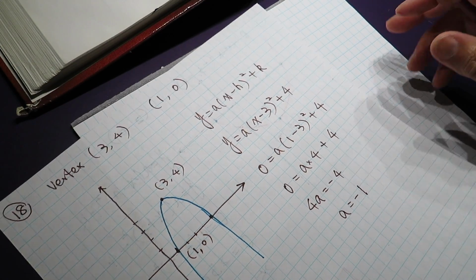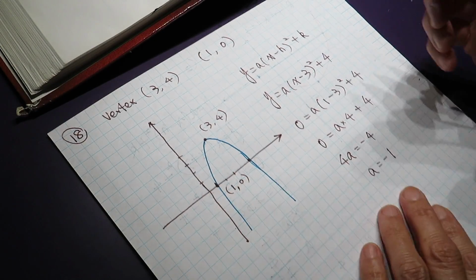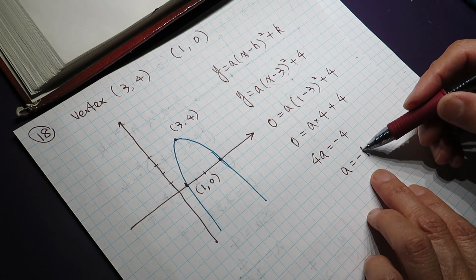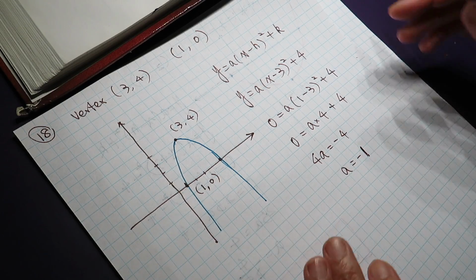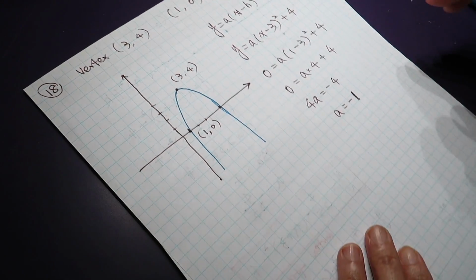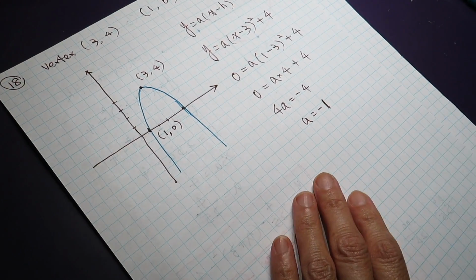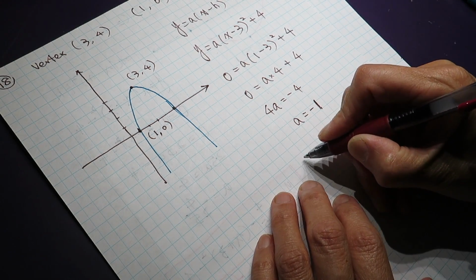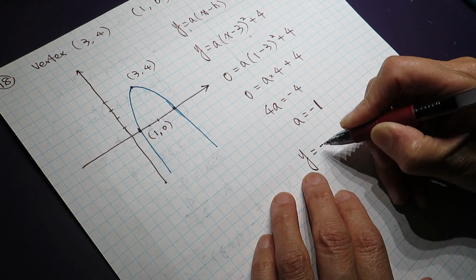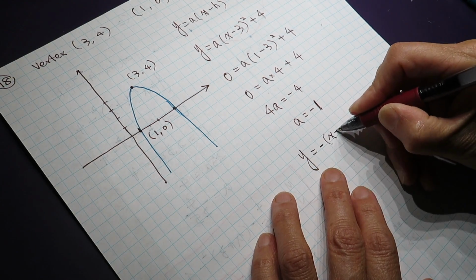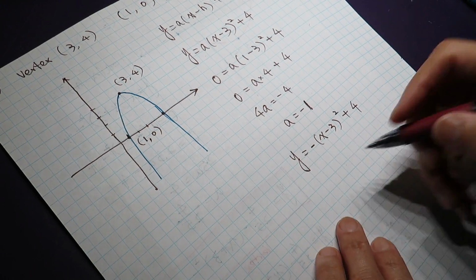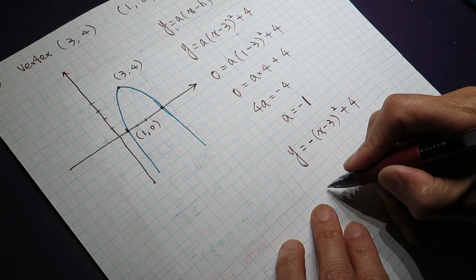So this is just as I said, it's right. Its absolute value is 1. Let's do it. And so the vertex form formula, y equal negative (x minus 3) square plus 4. Now we open it up.